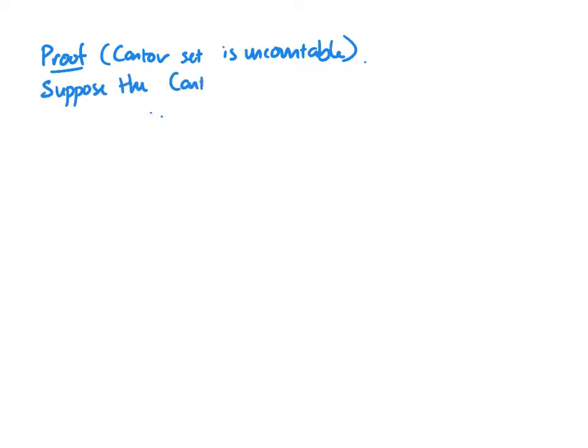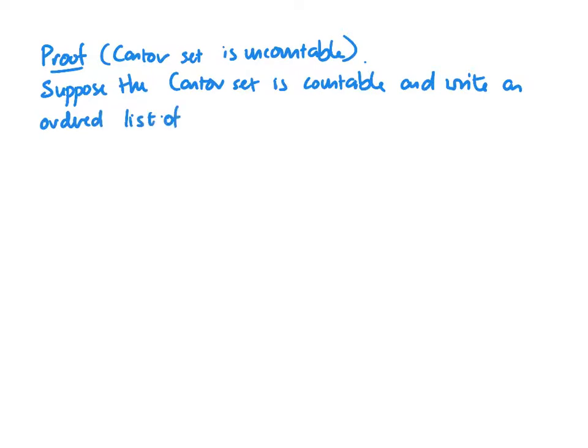So again, proof. Again, the result is the Cantor set is uncountable. Okay, so suppose the Cantor set is countable, and write an ordered list of all numbers in the Cantor set in base 3.